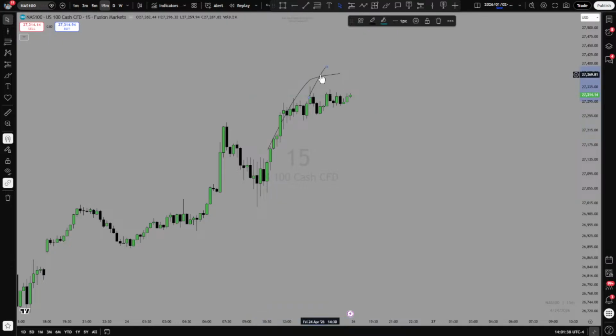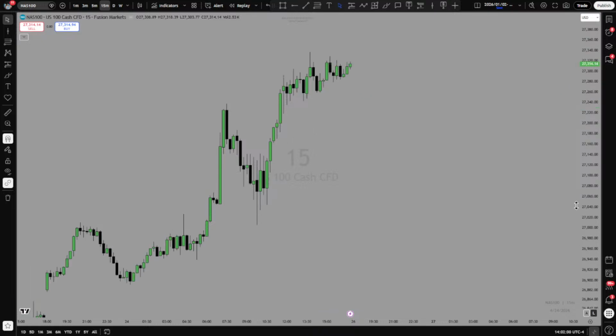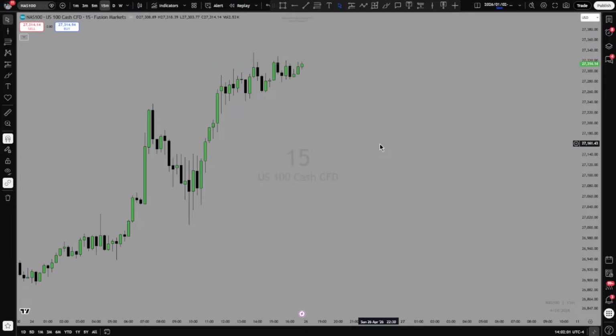There's no way for me to say that in the daily time frame because this is the highest the market has ever been, on the 24th of April 2026 at 145, right? That's the highest the market has ever gone. The market has never tapped this price ever before, right?